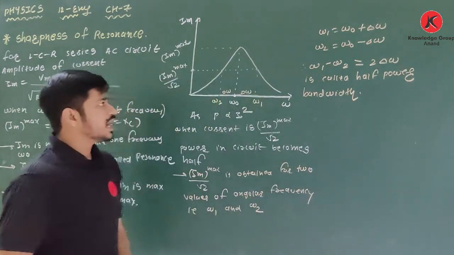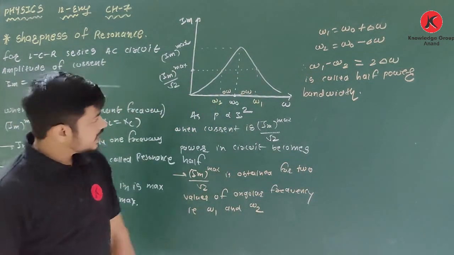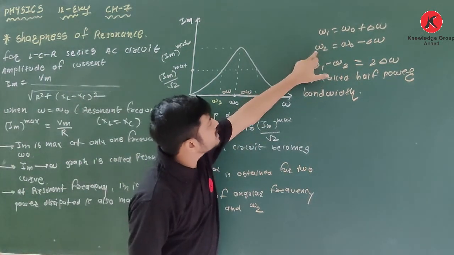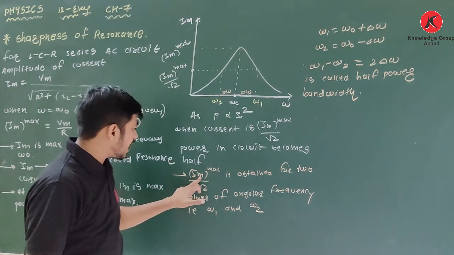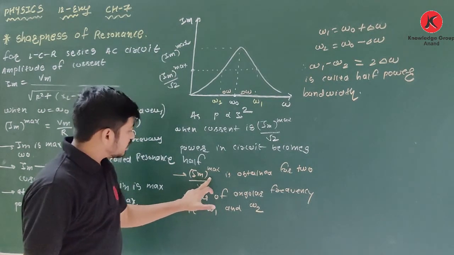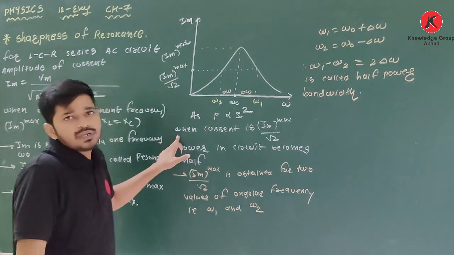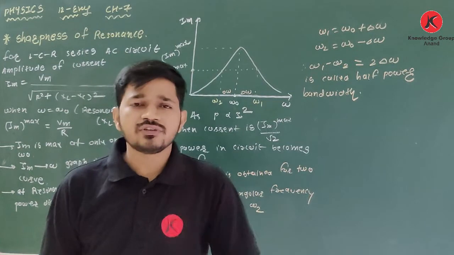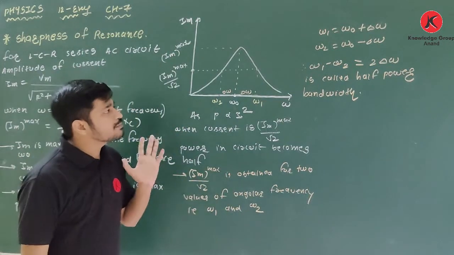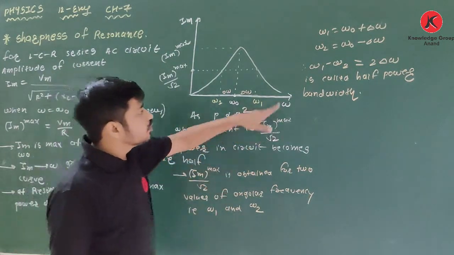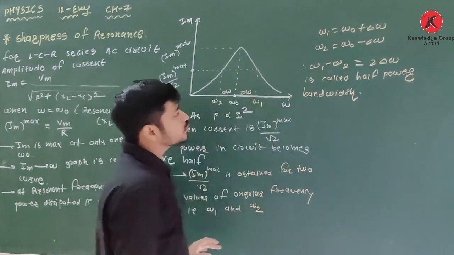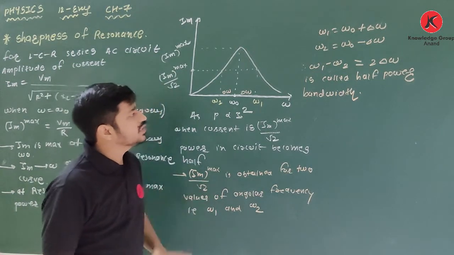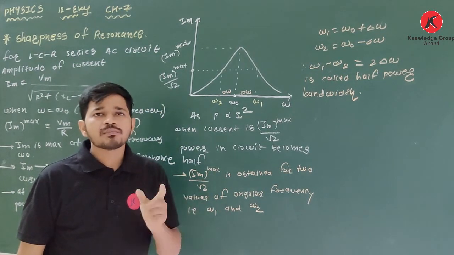Why is it named half power? Because at frequencies omega 1 and omega 2, current is Im maximum upon root 2, and for that current, power is half. So this difference, omega 1 minus omega 2 equal to 2 delta omega, is called the half power bandwidth.